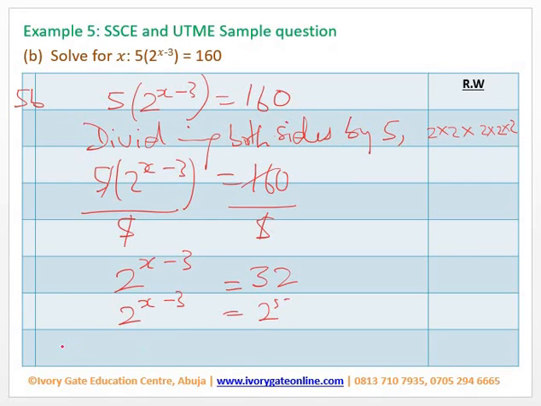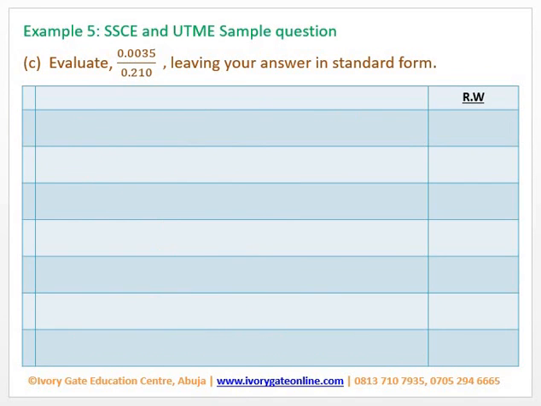Therefore, x minus 3 is equal to 5, because of same base. x is equal to 5 plus 3. Adding 3 to both sides, x is equal to 8.